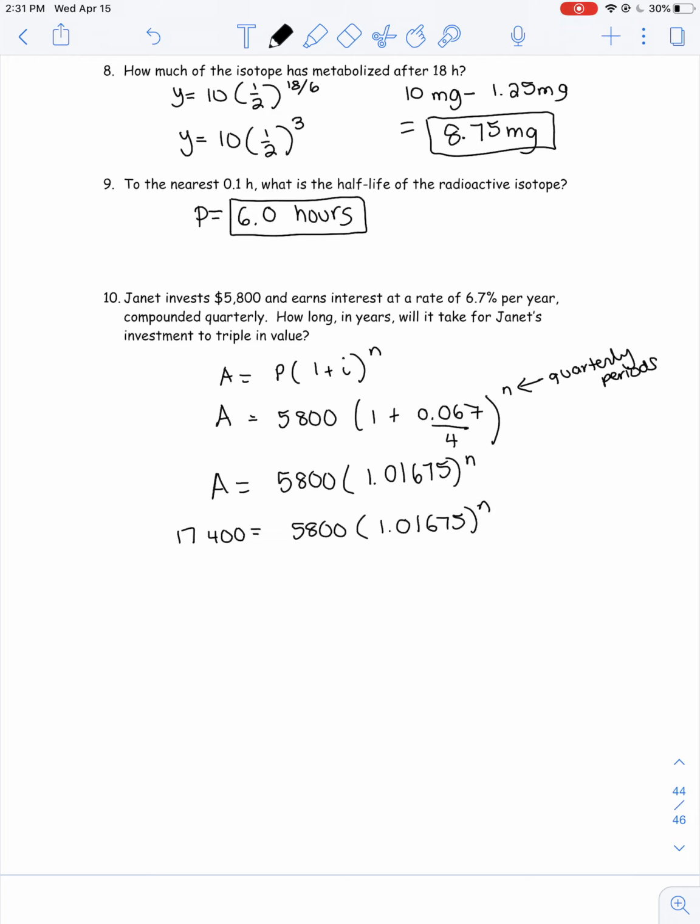So we're going to start by dividing both sides by 5,800. So we know the answer is 3. Now we're going to put log on both sides. We're going to bring that power in front.